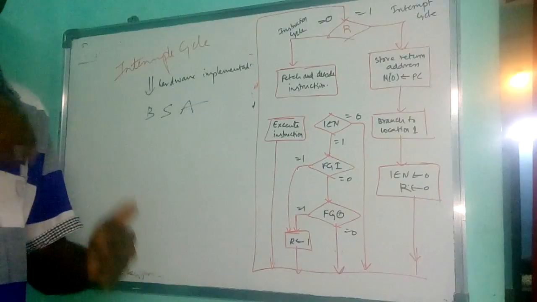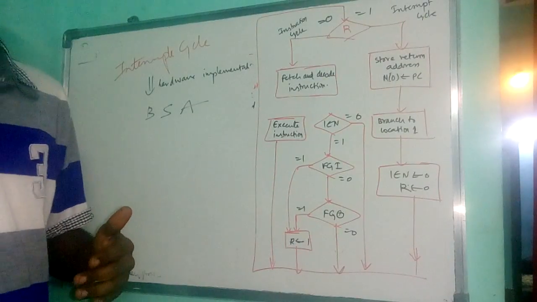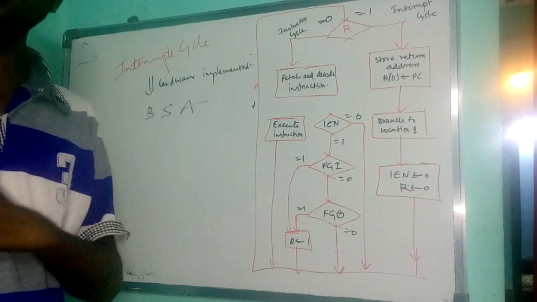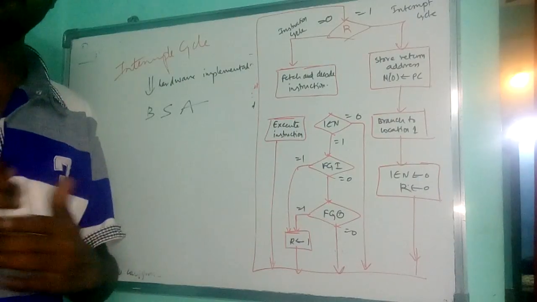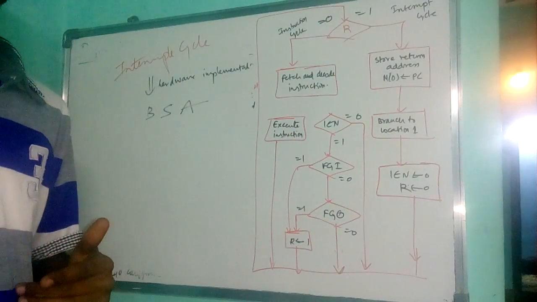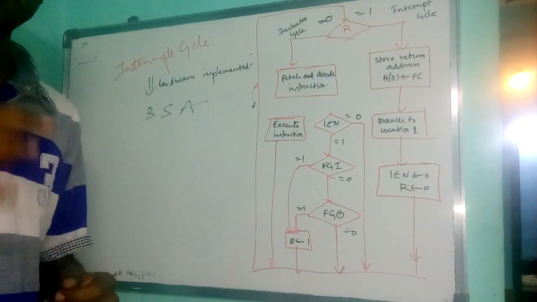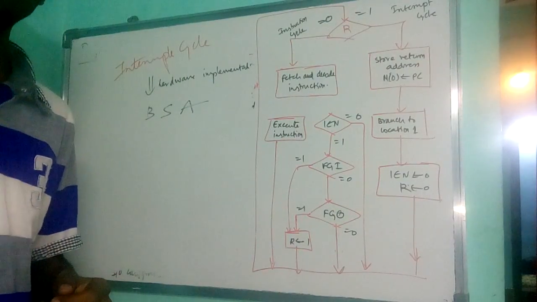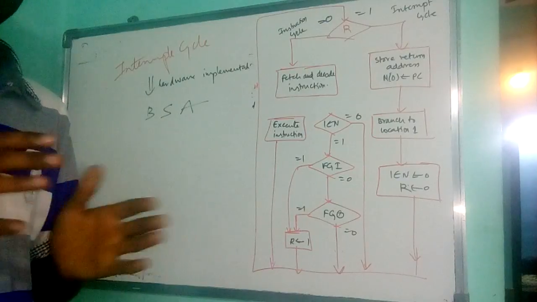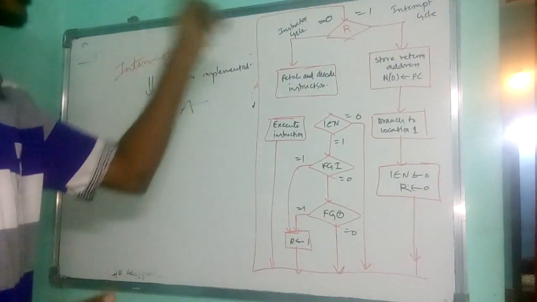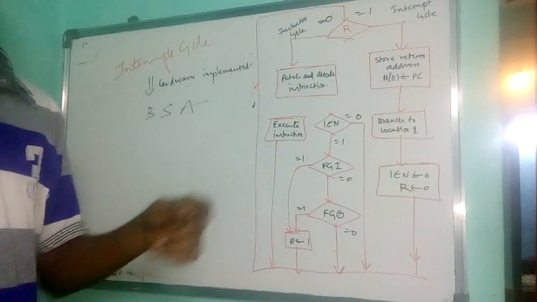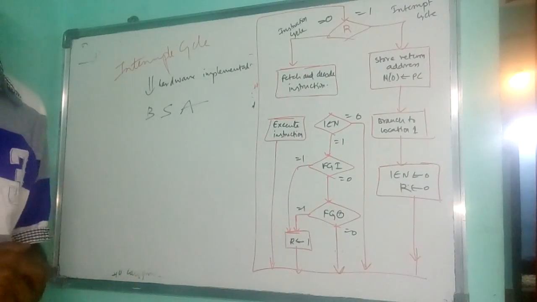Then it continues to execute the instruction which it should be executing for the interrupt. Whenever it is interrupted, it executes the interrupting instruction, and after completing that instruction, it comes back to the previous instruction which it was executing.